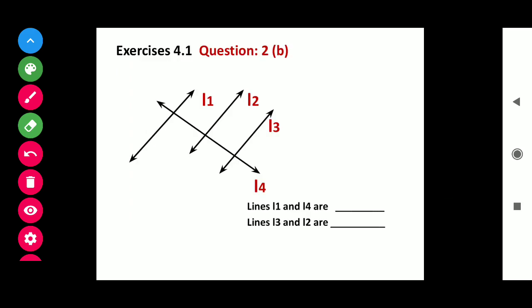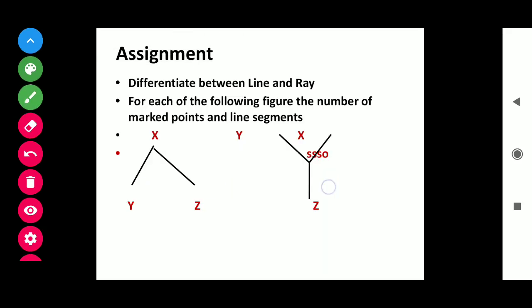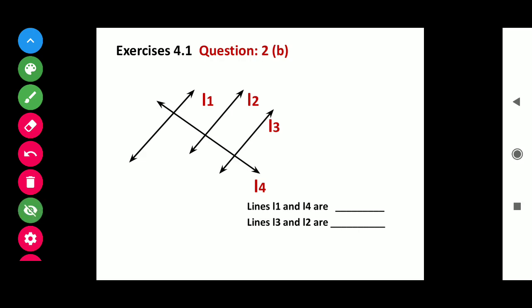Okay, next one is like this, exercise 4.1, question number 2b. Lines are given L1, L2, L3. This one is L1, this one is L2, this one is L3, and this one is L4.